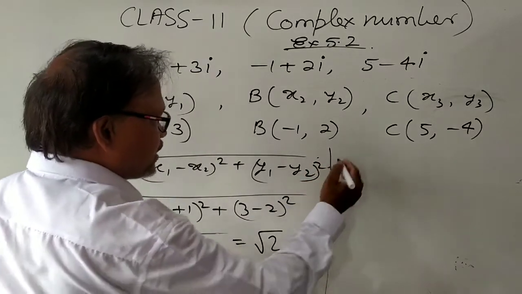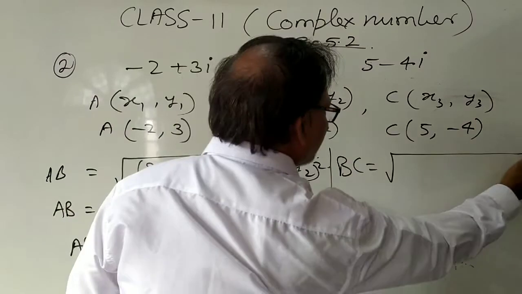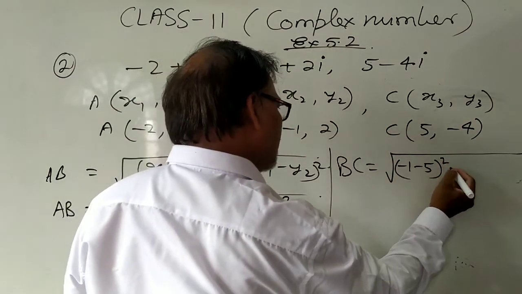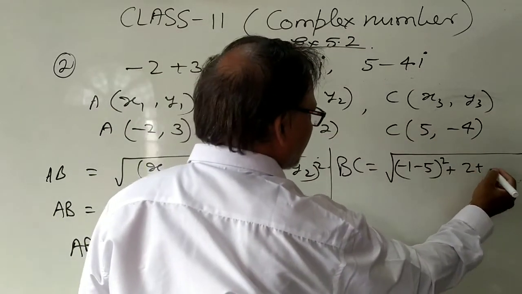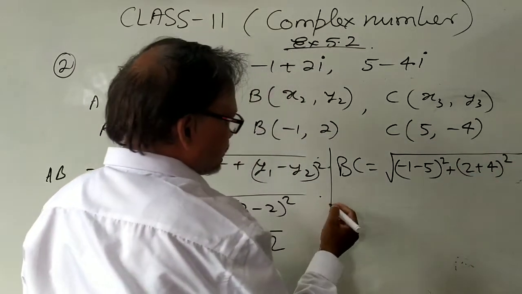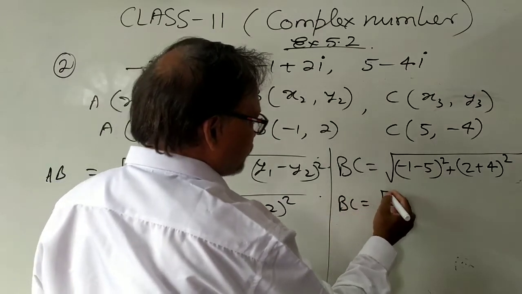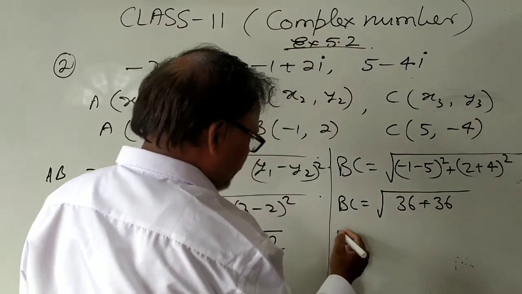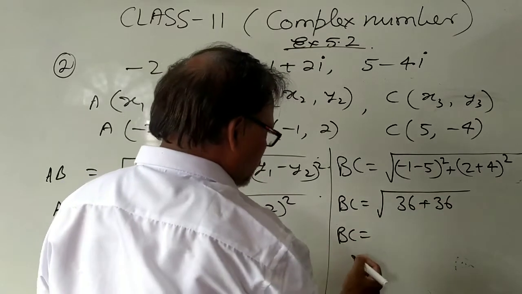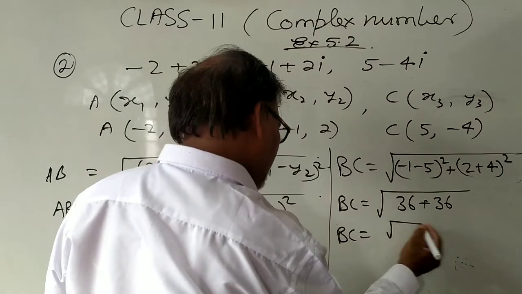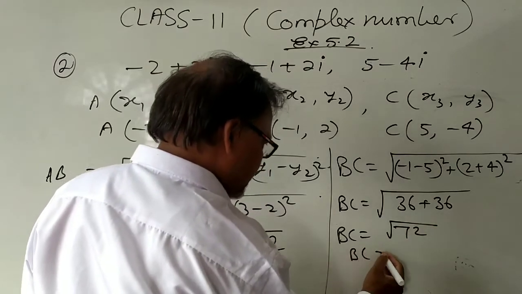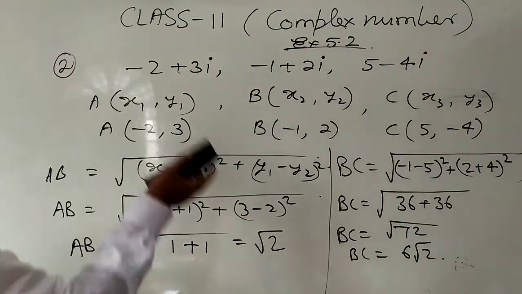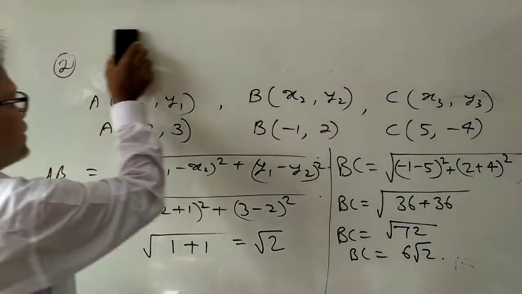Similarly, distance BC. BC is equal to minus 1 minus 5 whole square and 2 plus 4 whole square. So BC is equal to 36 plus 36, means 72. And under root 72 you can write as 6 root 2. So this is BC. And thereafter AC.